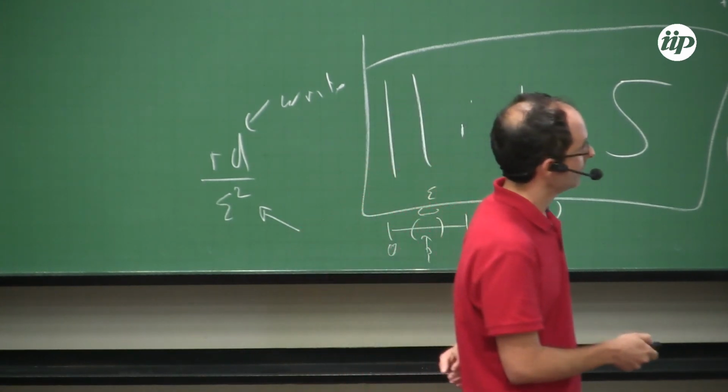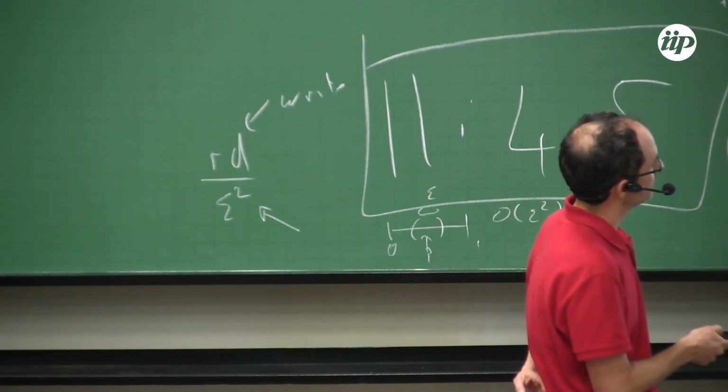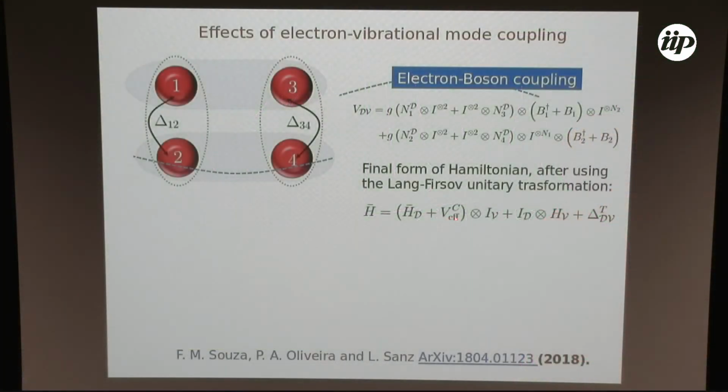We end up with this simple Hamiltonian where we have this V effective. This V effective is a Coulomb-like interaction, but with opposite sign. It's mediated by the vibrational mode of the carbon nanotube. So electrons in dot 1 and 3 will be attracted due to the coupling with this vibrational mode.